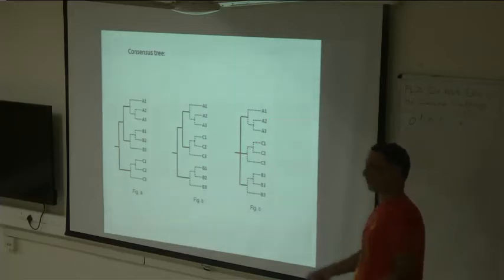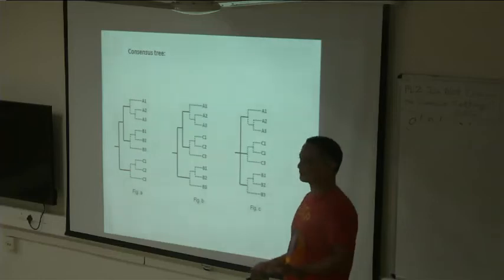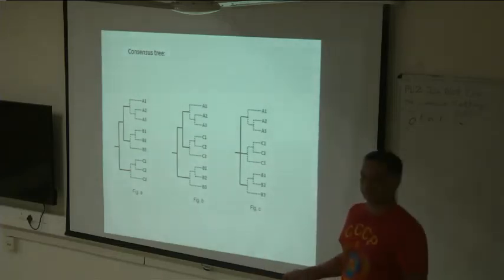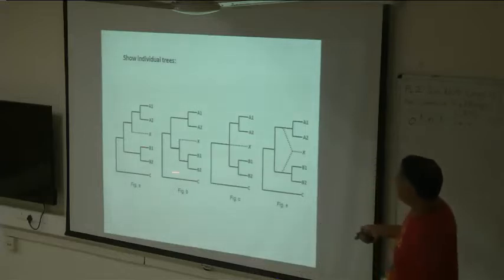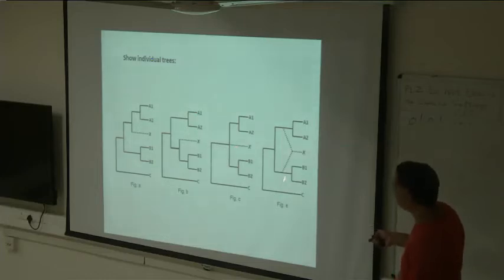So it all depends on your question. So discordance may not be a problem all the time. So here's another example where there is possibility of hybridization. Either you show it as a trichotomy, but if there is good evidence that it's hybridization, you can show it like that.